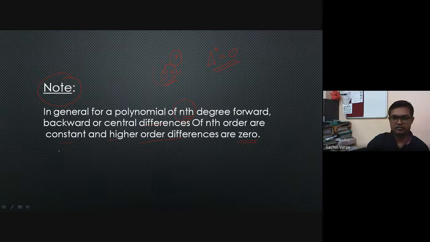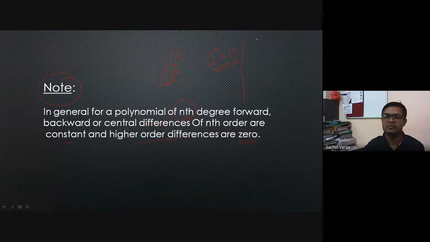That is, for the polynomial of degree 3, let me again explain that for the polynomial of degree 3, delta cube or del cube or small delta cube may be constant.